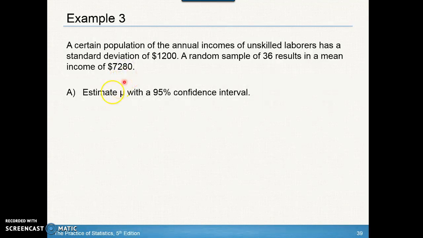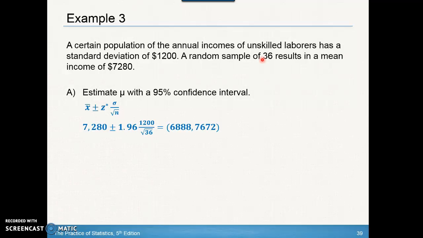Now just keep in mind that since you're using the normal curve, or normal approximation, you do want to make sure that your conditions are met, which is what we'll go into more later in the section. But let's just think about this. Since the sample size is greater than 30, by the central limit theorem, we know that the curve is going to be approximately normally distributed.